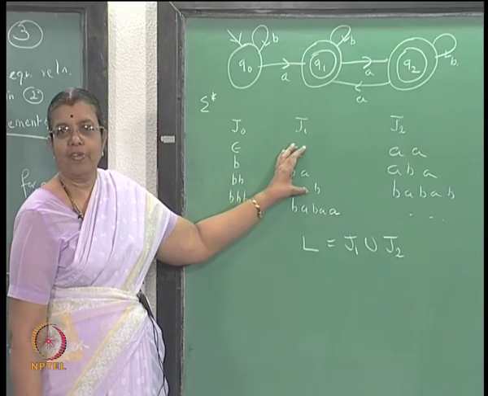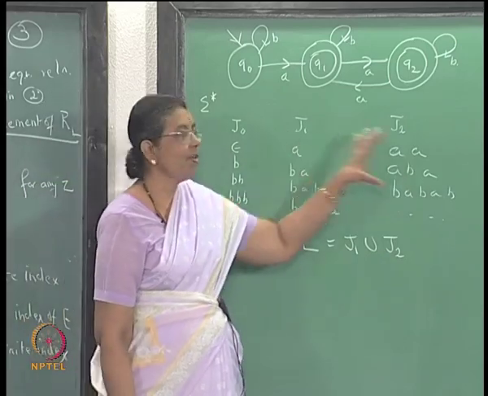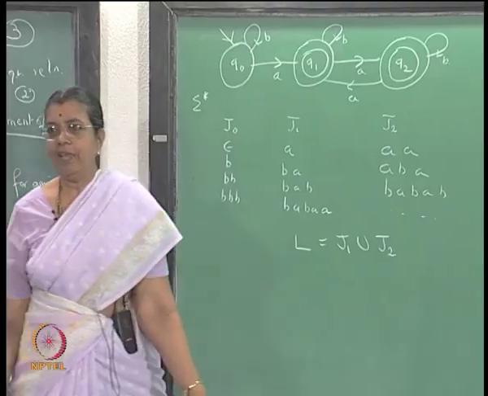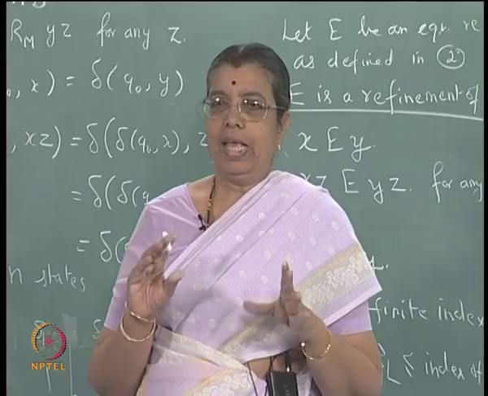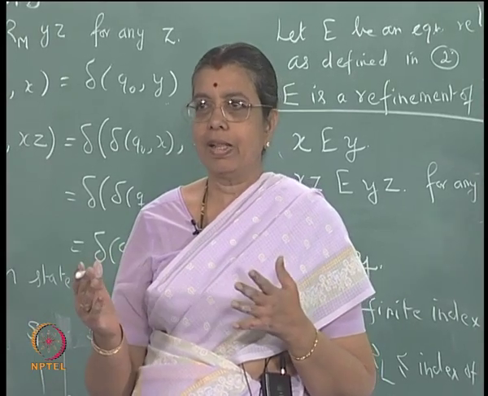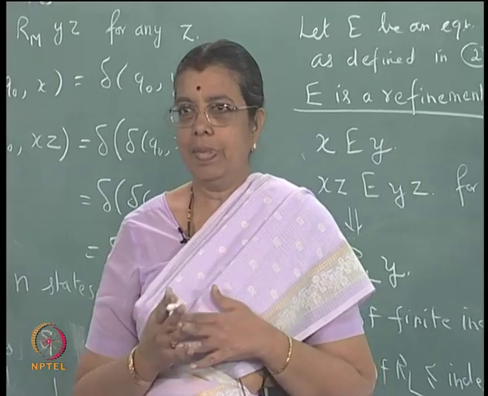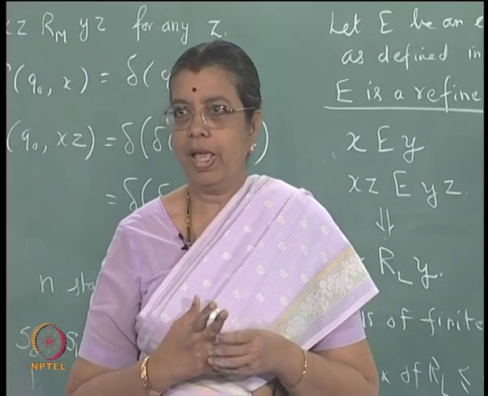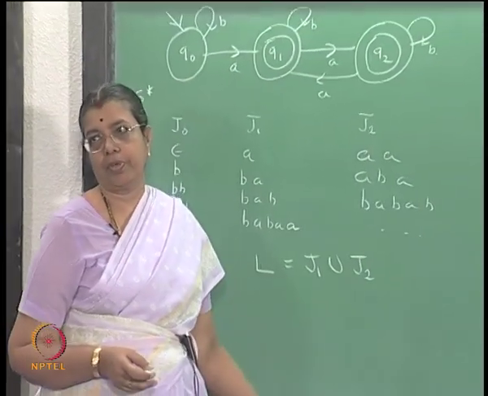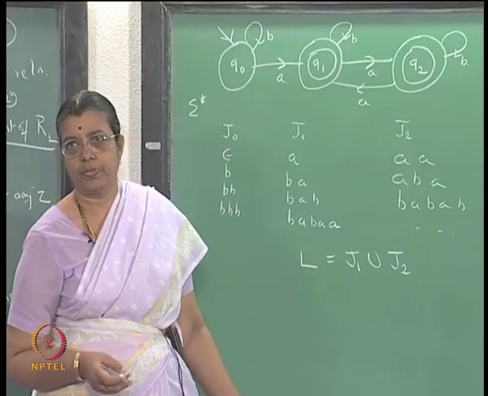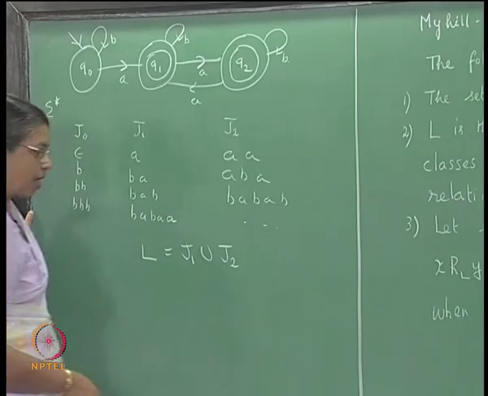If you follow them with a string having an odd number of A's, you will go to this class. Anyway, it is right invariant. If 2 strings x and y belong to the same class, then xz and yz also will belong to the same equivalence class, okay. So, it is right invariant, and L is the union of 2 of them, J1 union J2.